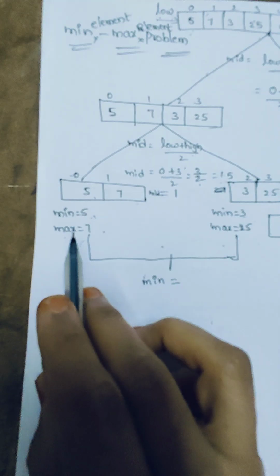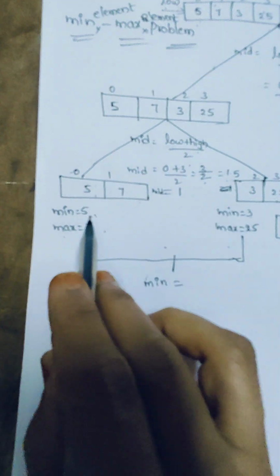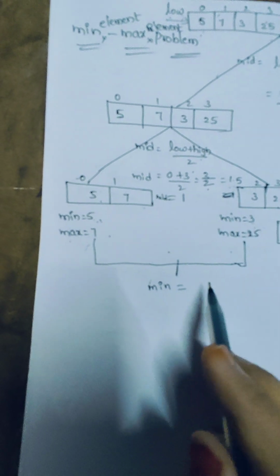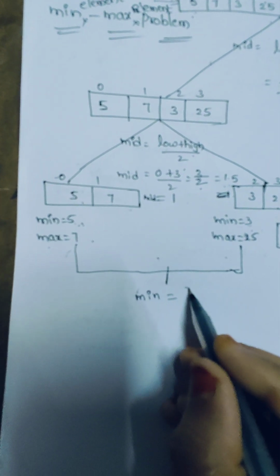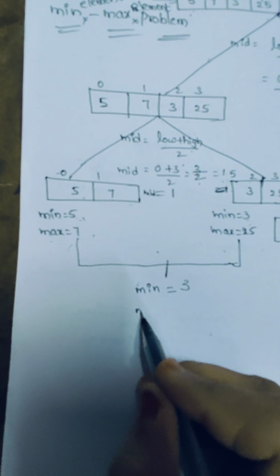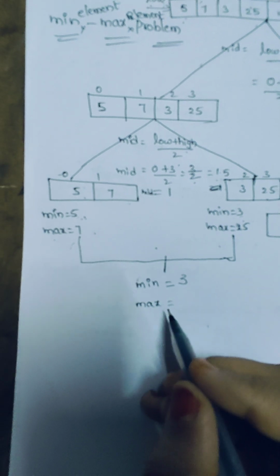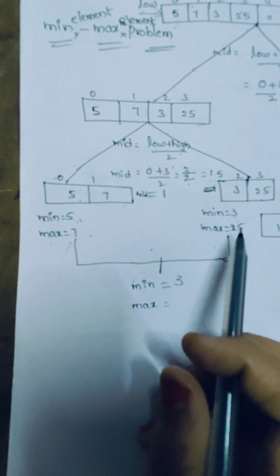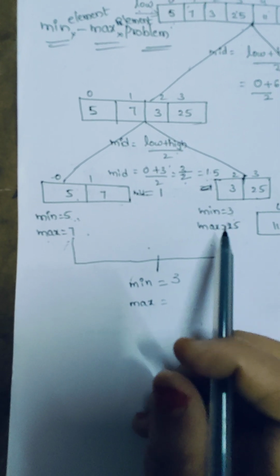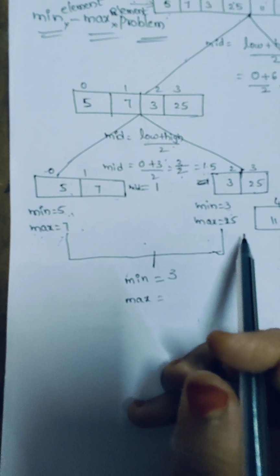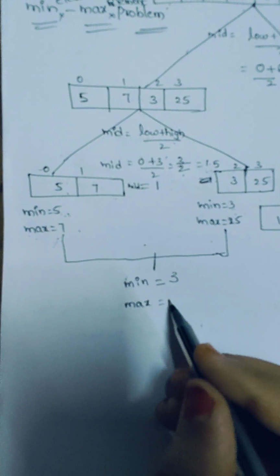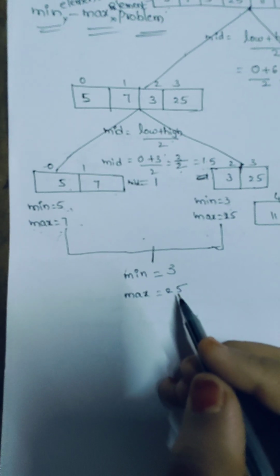Comparing these two minimum values 5 and 3, which is the minimum? 3 is the minimum, right? In the similar way we find the maximum element. Now compare 7 and 25. Which is the maximum? 25 is the maximum element.